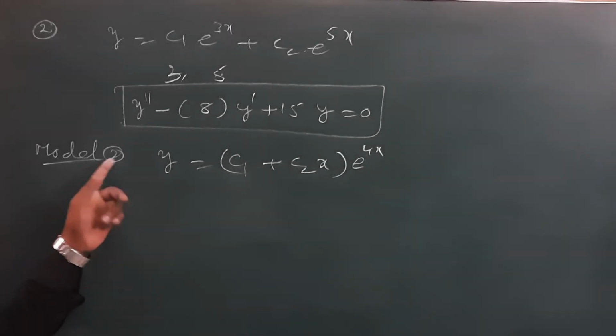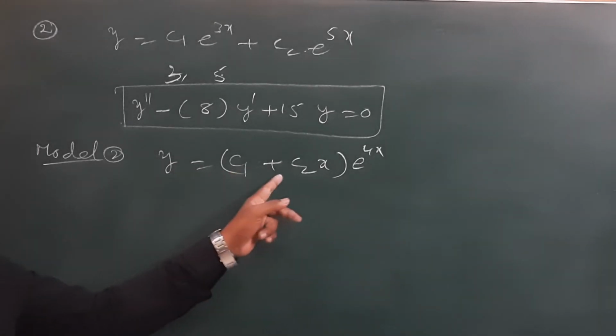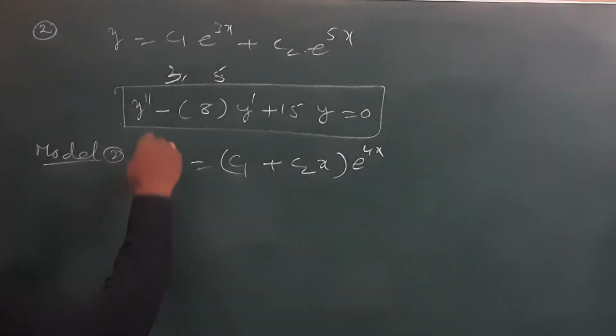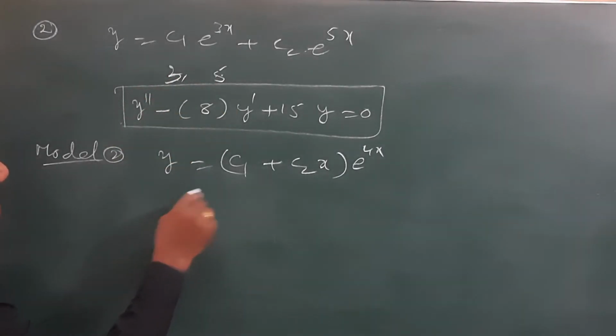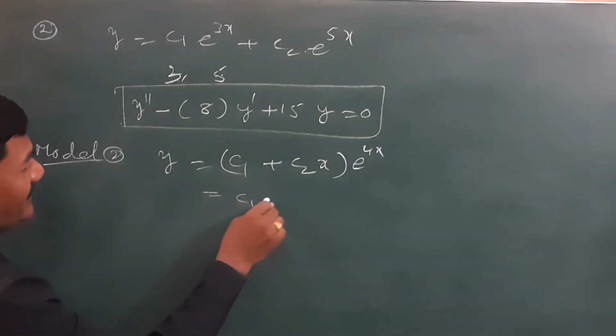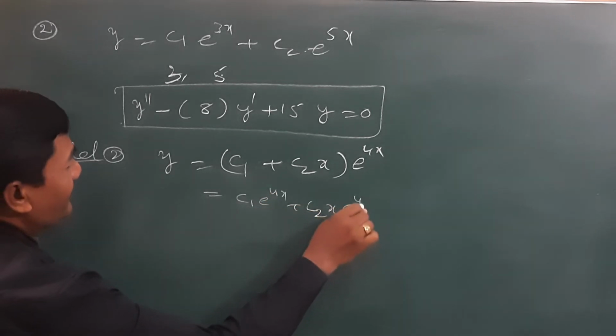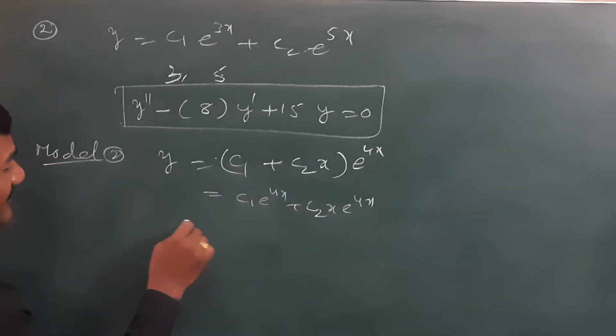Another is model 2. Suppose y is equal to c1 plus c2 x into e to the power of 4x. How can we solve that model by using the technique again? This can be c1 e power 4x plus c2 x into e power 4x. What are the roots?